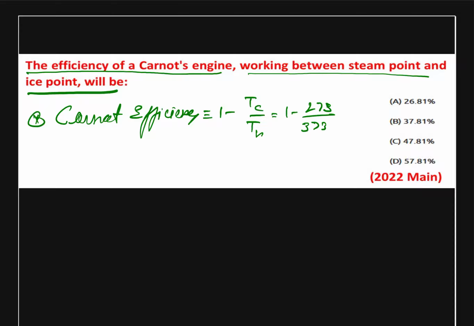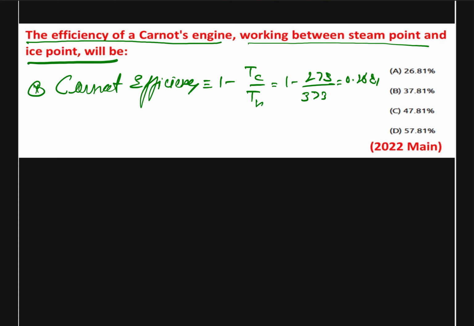And this will be equal to 0.2681, or in terms of percentage we can say this will be equal to 26.81%. So option A is correct.